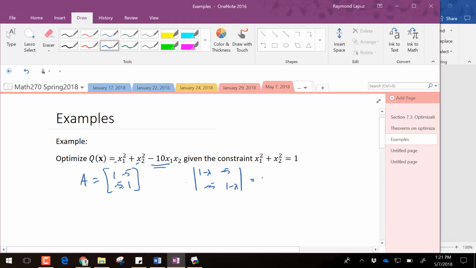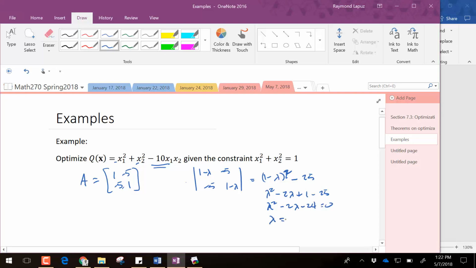So the determinant is (1 minus lambda) squared minus 25, which gives lambda squared minus 2 lambda plus 1 minus 25, so lambda squared minus 2 lambda minus 24 equals 0.